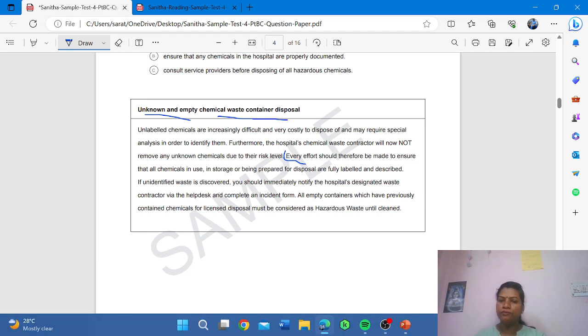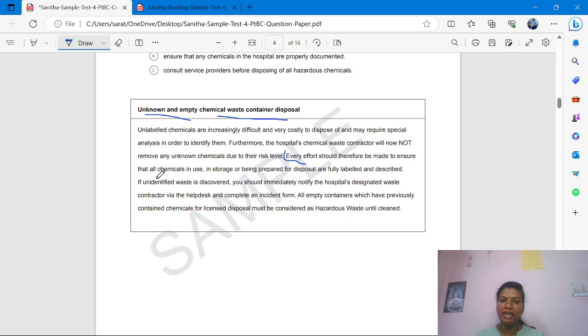Every effort should therefore be made to ensure that all chemicals in use, in storage or being prepared for disposal are fully labeled and described. Okay, we have to label properly.